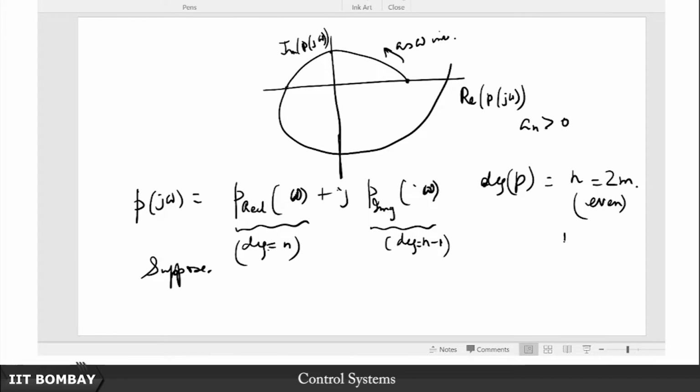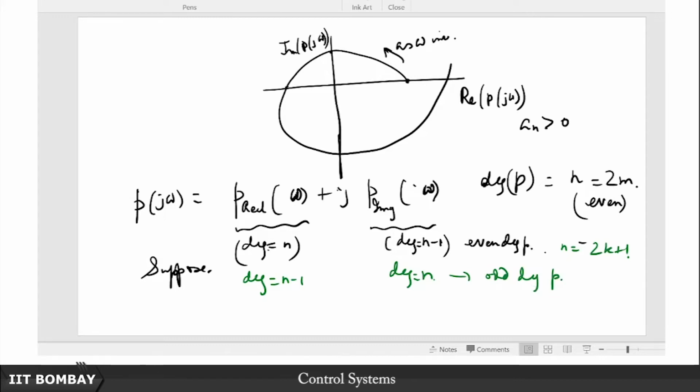For the sequel we will only discuss one of these cases, even or odd. The other one just follows straight away, it is really a no-brainer that way. So if n is equal to 2k plus 1, then this will have degree n and this will have degree n minus 1.